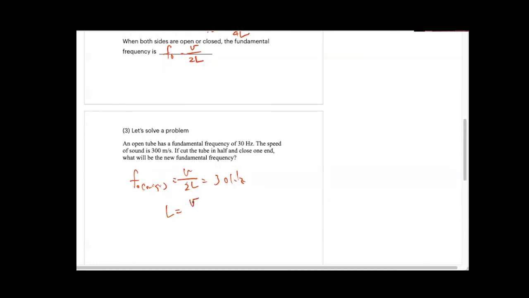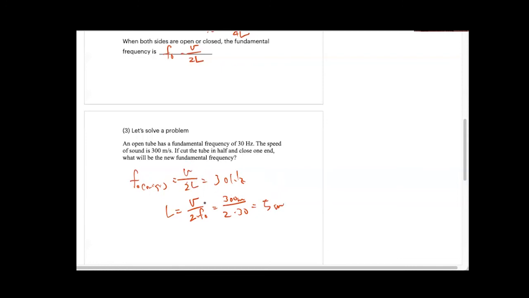So L can be calculated as V divided by 2F0. And V is 300 meters per second, and F0 is 30 Hertz. So the L is going to be 5 meters.